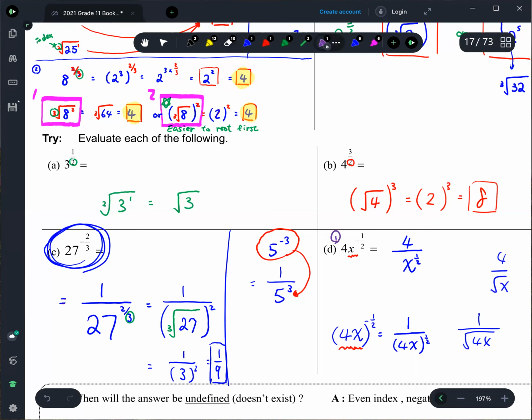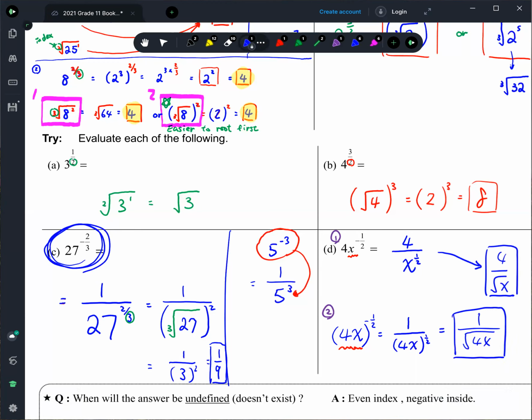Okay, first one, second one, okay. So if it's the first one, then that will give you this answer. Okay, if it's the second one that has bracket, then this will be the answer. Very different. Okay, make sure you pay attention to the little details. Okay, whether it has bracket or not.